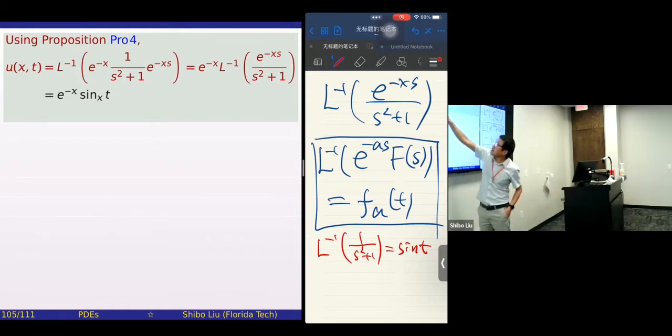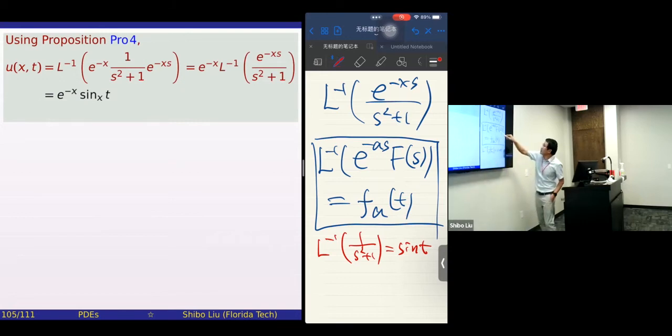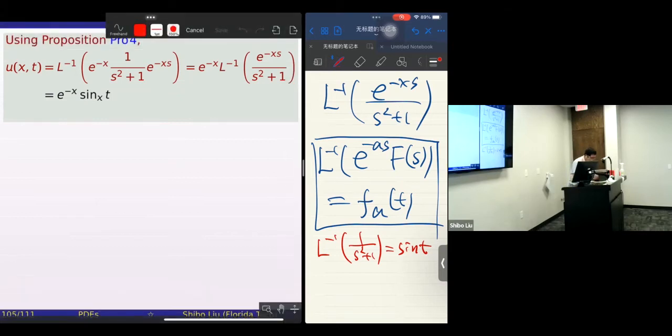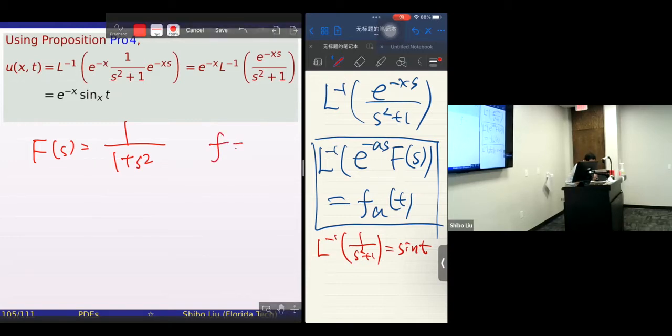The capital F is what? Maybe I need to explain this. In this case, capital F(s) is 1 over 1 plus s squared. So the small f is sine t.